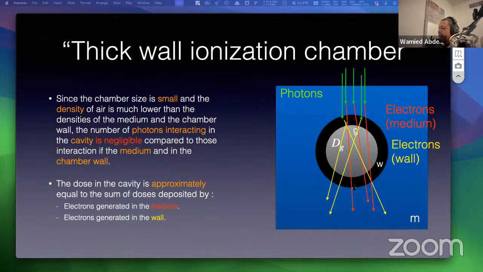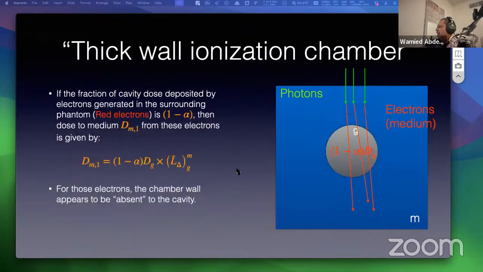So if the wall is not present, this should be small cavity theory, right? If the wall is very thin or not present, then we should get back our small cavity theory, whether Spencer-Attix or Bragg-Gray. So these are the two sources of the dose deposit in the cavity. Let's look at both types of electrons.